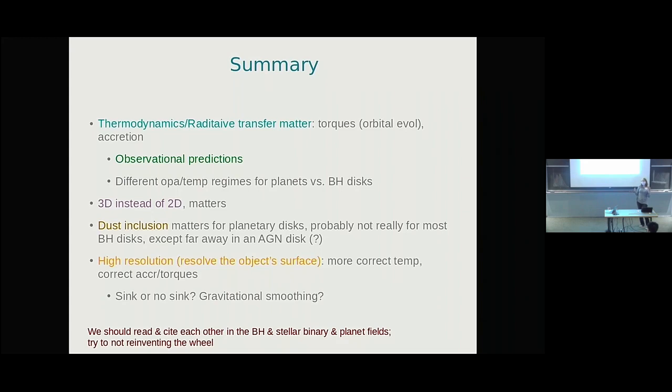That's just not available for us with the current computers that we have in 3D. However, there was one work in 2D by Hui Li and the Los Alamos people, and it seemed that it matters a lot. If you include coagulation, that's going to change, for example, the profile of the gap and a couple of other things as well. I don't know, I'm not a dust coagulation person.